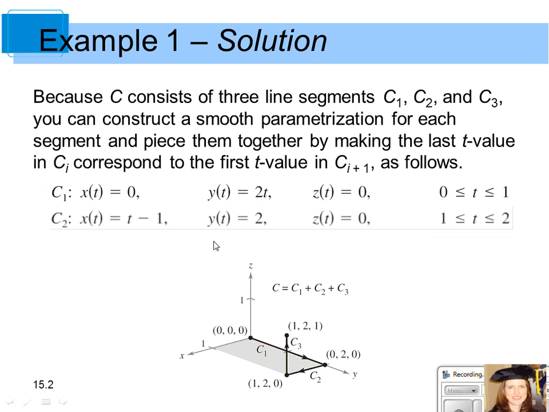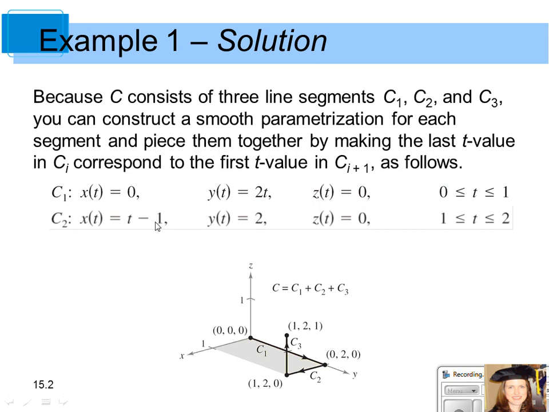Now the parametrization for that path is as follows. The x at the beginning is 0, and it's going to x equals 1. The y is starting at 2 and staying at 2. The z is starting at 0 and ending at 0. So the y and z are constants: y equals 2 and z equals 0.